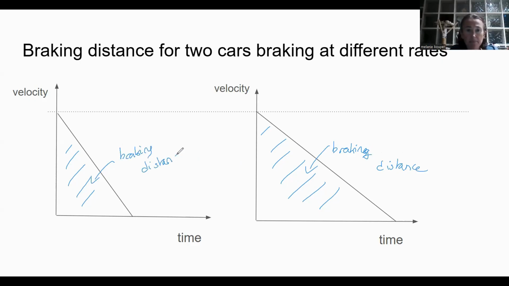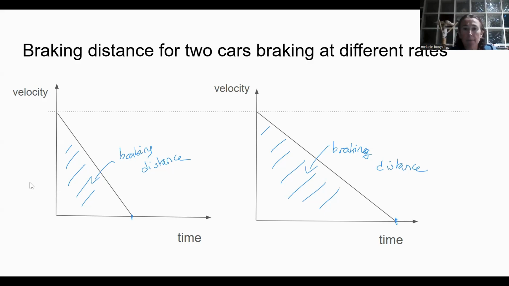You can see the one on the left, as the deceleration is faster, has applied a bigger braking force, and therefore it stopped in a shorter time than this one, which has decelerated at a smaller rate. Therefore, this one has covered a shorter braking distance than this one.